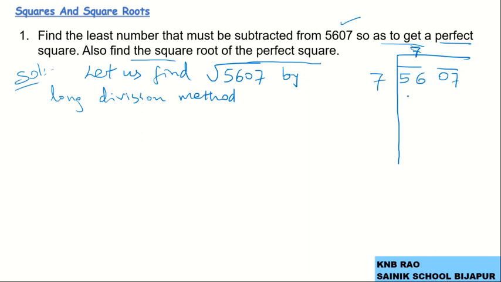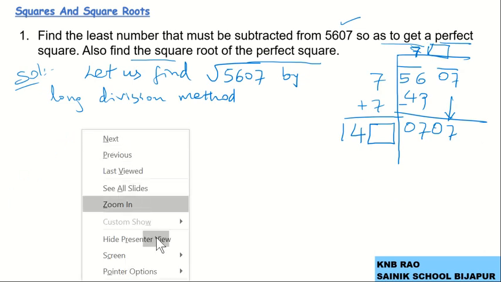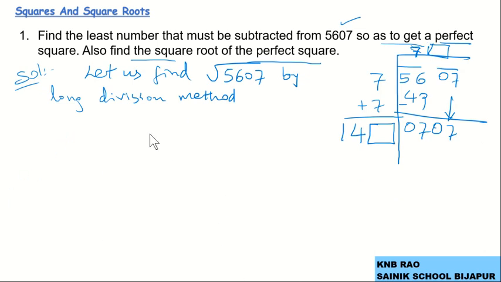7 sevens are 49. So 49, 56 minus 49 gives 7. So 07 is taken down, the next pair is taken down. Here that digit is added, gives 14 and a units place as a gap. Now whatever we take here, let me change the color of ink.